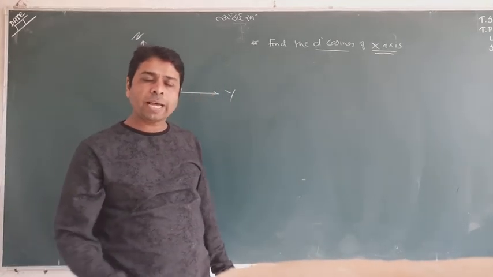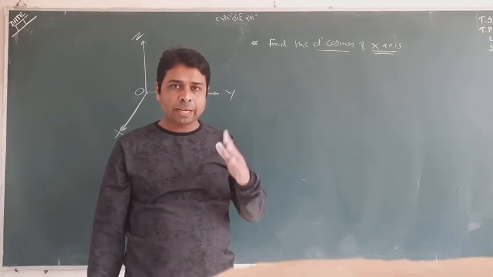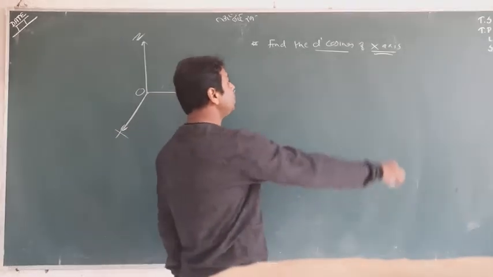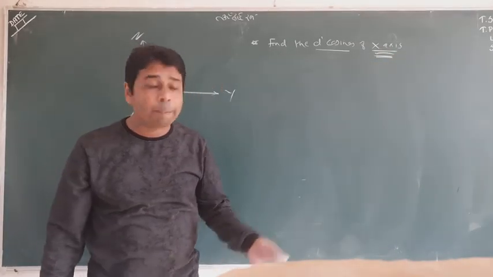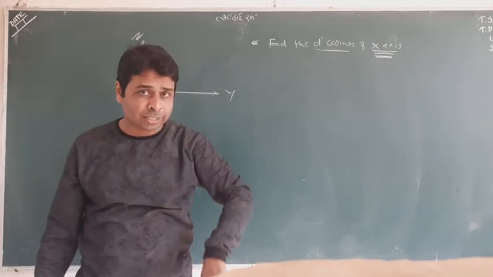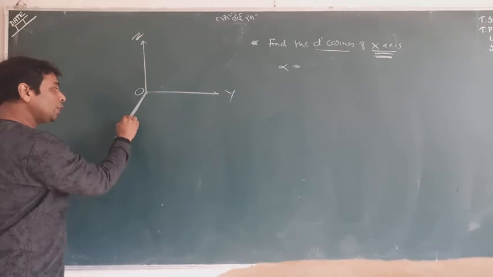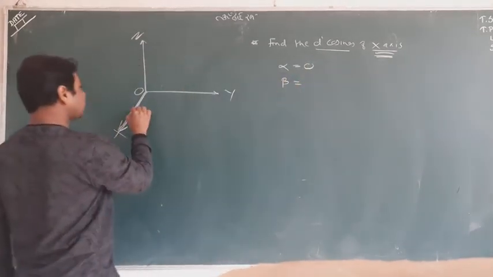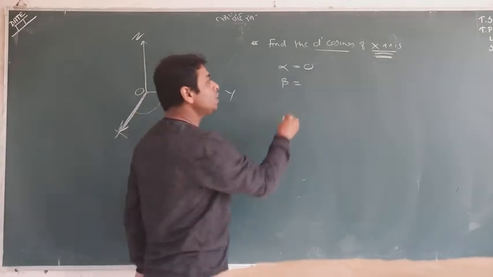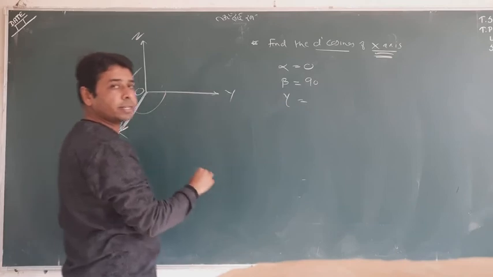You know what is L? Cos alpha. What is alpha? The angle made by the line with the x-axis. But here I am finding the direction cosines of the x-axis itself. So find all the angles made by the x-axis with all three axes. The x-axis is making which angle with the x-axis? 0. The x-axis is making which angle with the y-axis? 90. And with the z-axis? 90.